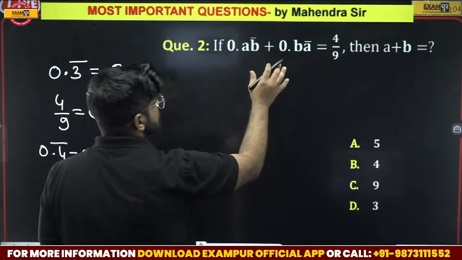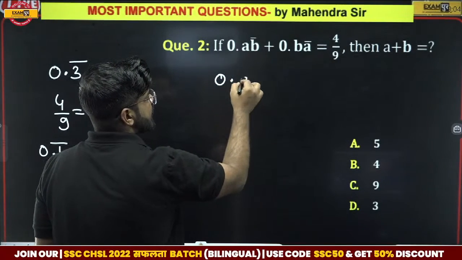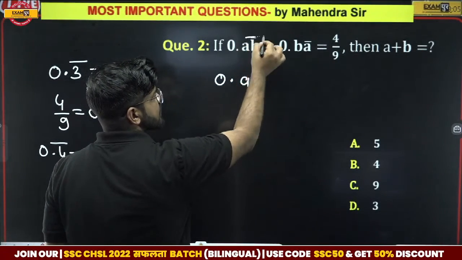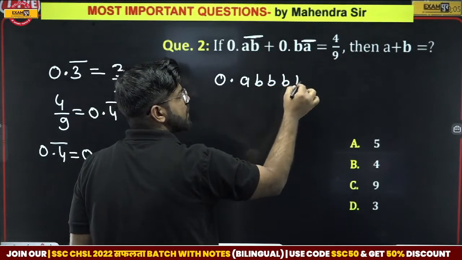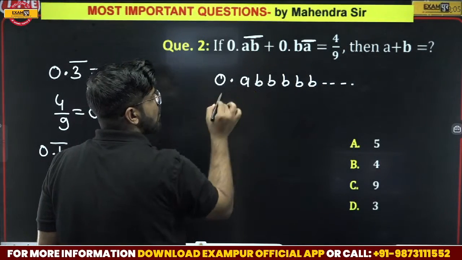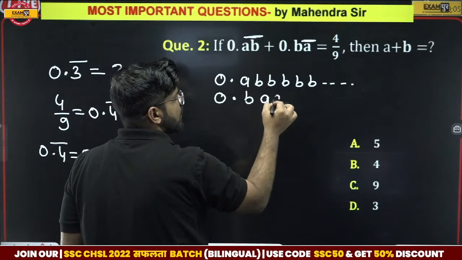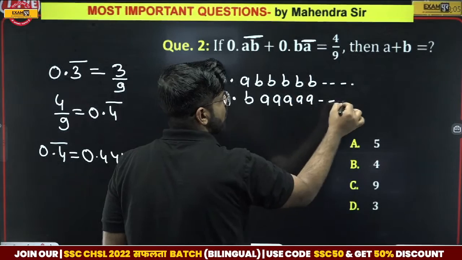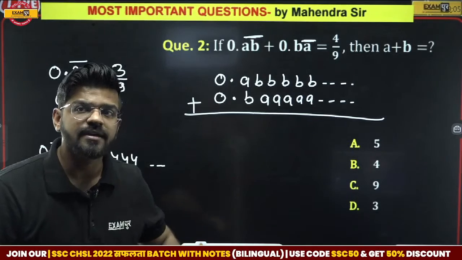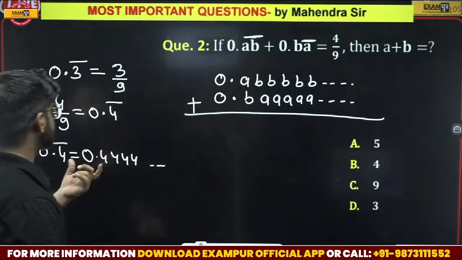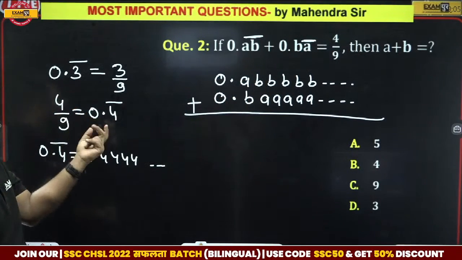Now we have to solve this. How? Simply you can write point A, B. B has the bar, and here A has the bar. So B, B, B and so on. Here we write point B, A, and so on. Now we have to add both of these. You know that their addition comes like this, because this is equal to 4 by 9, and 4 by 9 is nothing but 0.4 bar.